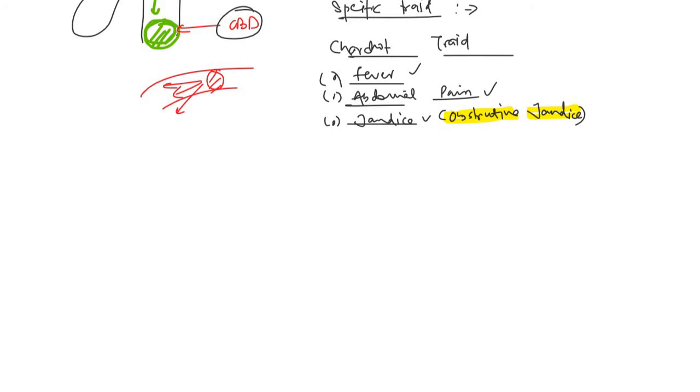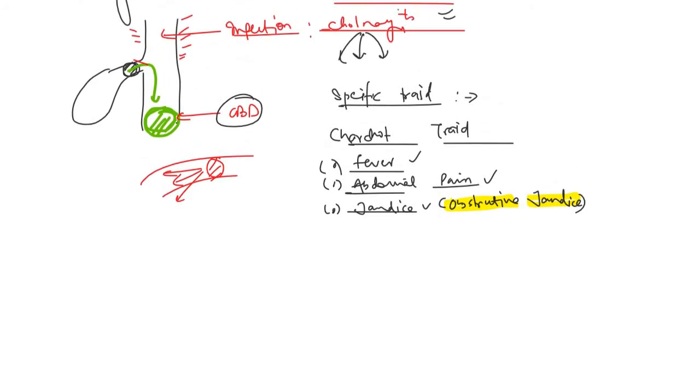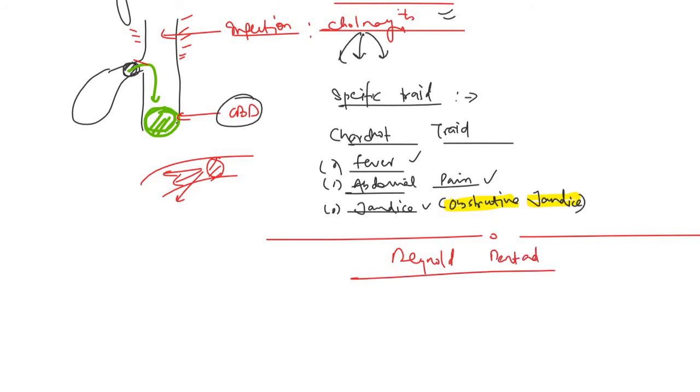Now sometimes the condition gets worse, and there is a finding called Reynolds pentad. In this, sepsis occurs. As a result of sepsis there is shock, and shock leads to hypotension.